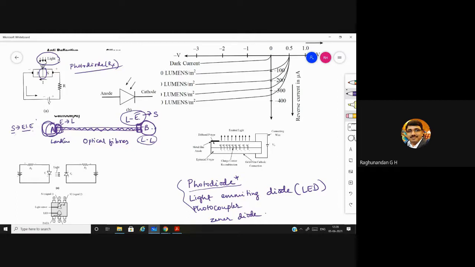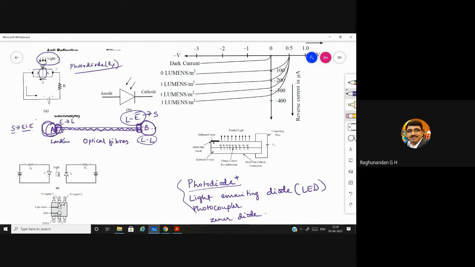So we are just going to concentrate on the depletion region, not on the P layer or N layer. If we concentrate on the P layer or N layer, we will get some other electrical signal which is not equivalent to the light signal. That is the reason. Okay, I'll explain the working, what you need to tell in this.